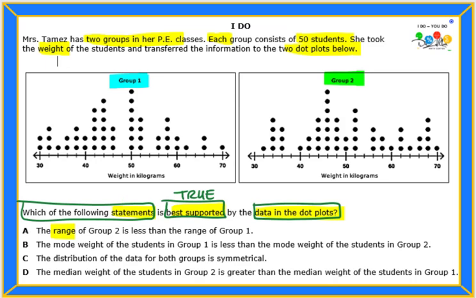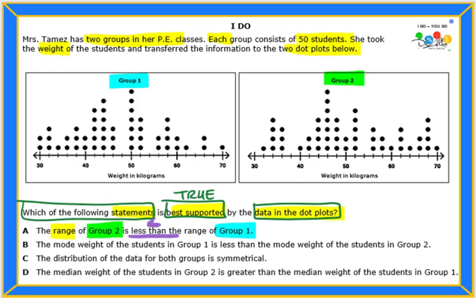I like to underline the comparing words so that when I'm looking at the two numbers, I can evaluate that comparison. So the range of group 2 is less than, and we can even put the symbol, the range of group 1.